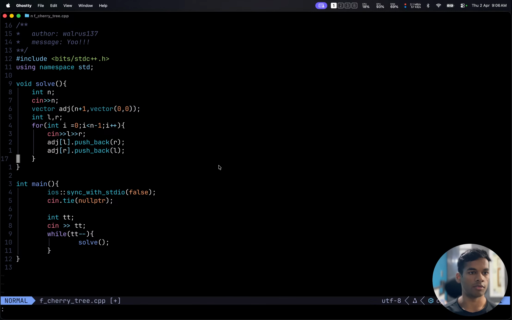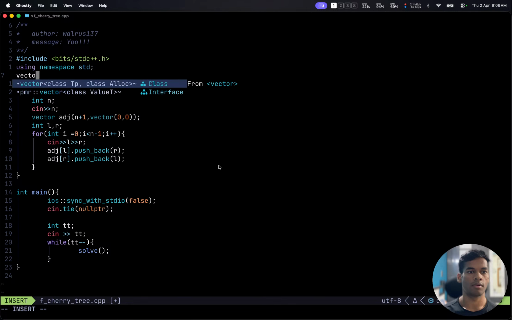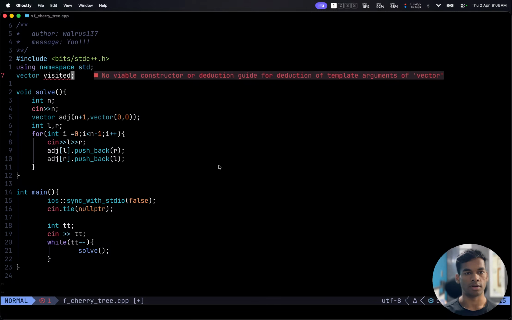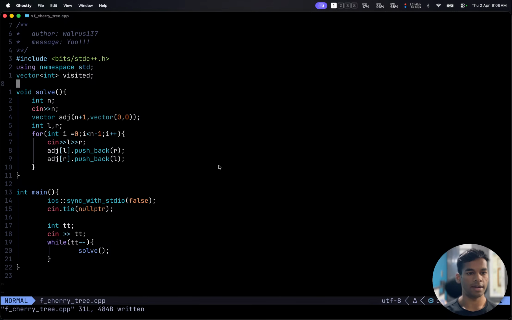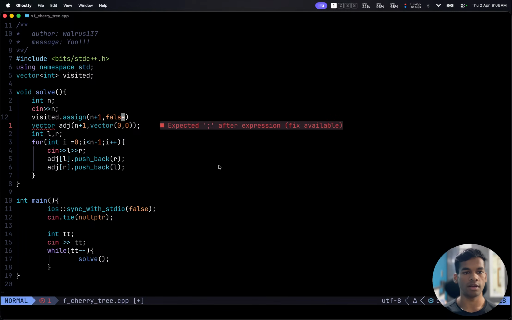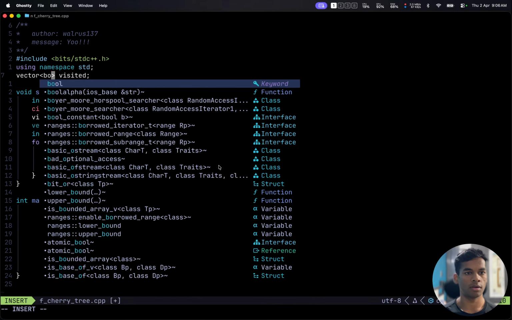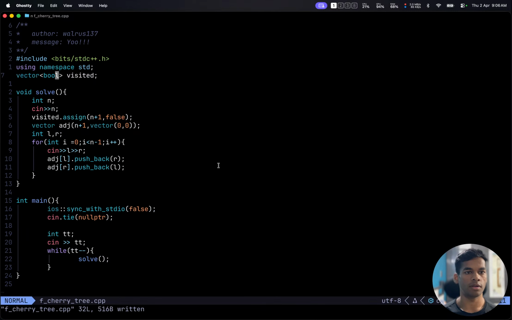Right, we also need a visited matrix, with vector visited of type int, and after getting n, visited dot assign size n plus 1, and everything initially is false, and this should be boolean instead of int.